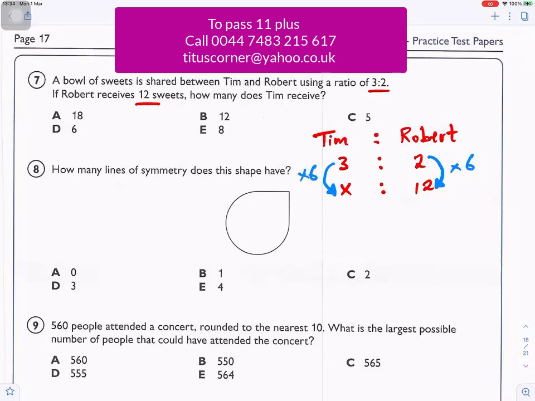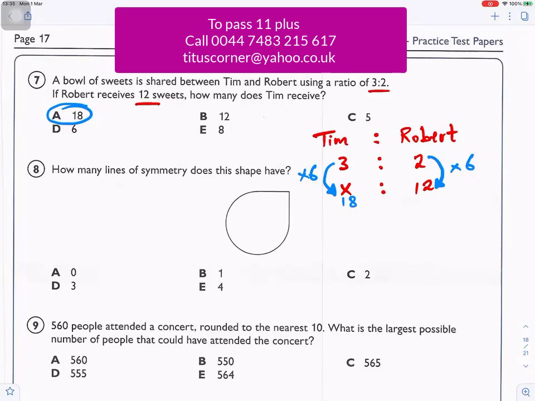So 3 times 6 gives you 18. So X is 18. Because 12 is 6 times bigger than 2, we want an answer that will be 6 times bigger than 3. So 6 times 3 gives you 18.